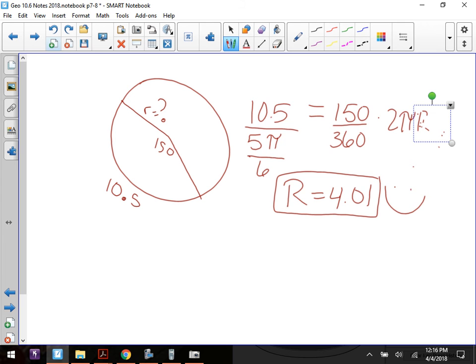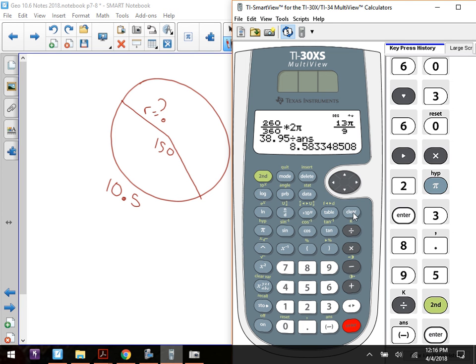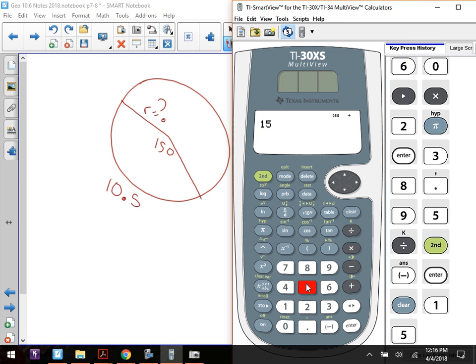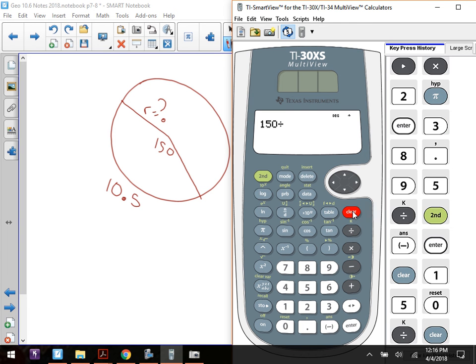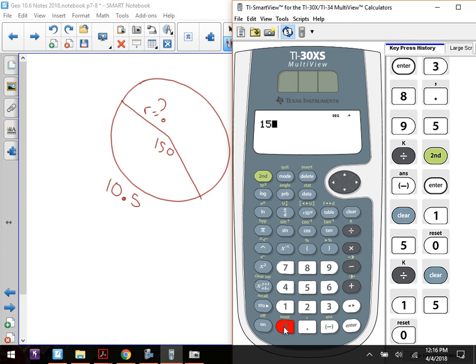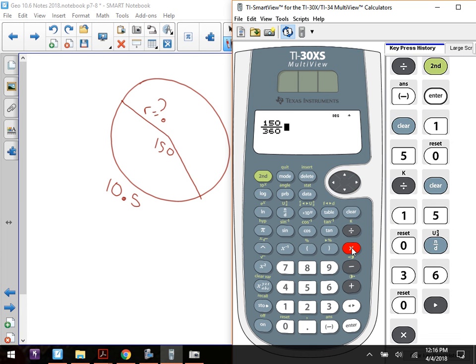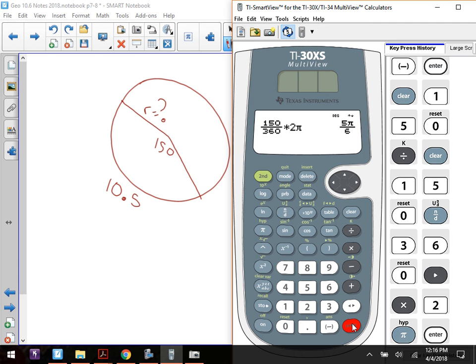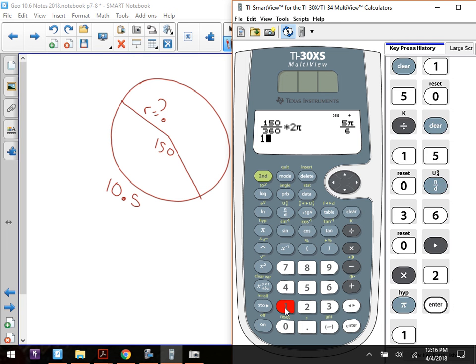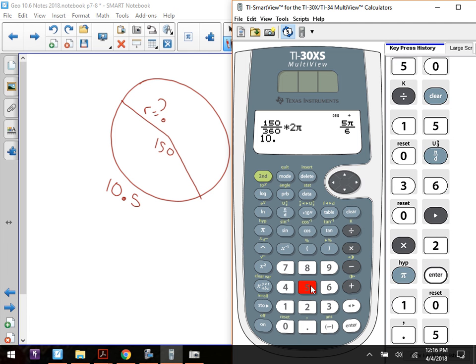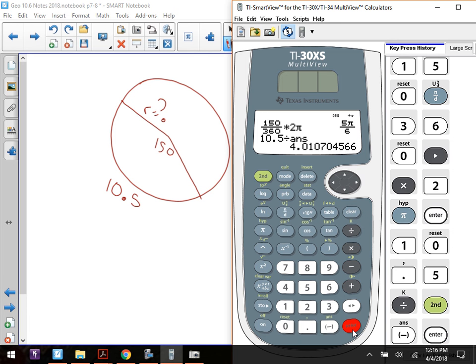All you're doing, remember, you've got your 150 over the 360 times your 2 pi. Hit enter. And then you take your 10.5 divided by your answer. And there goes your radius. It's really straightforward.